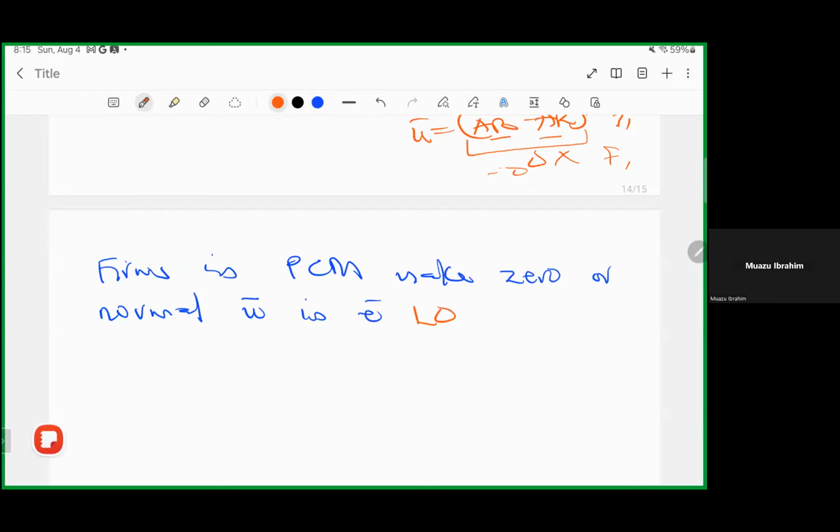All firms in a perfect competitive market make zero or normal profit in the long run. Or they break even in the long run.